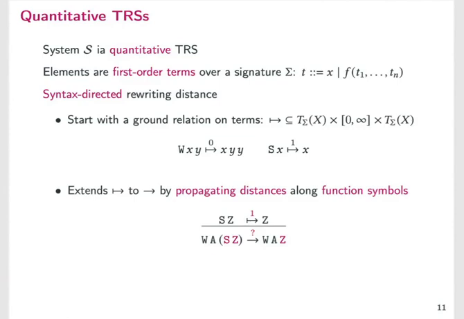And that essentially amounts, in the quantitative setting, to explaining how the distances produced by the ground relation propagate along function symbols and along other expressions. And once we have that, we can canonically extract an abstract system simply by taking the infimum of the quantitative reductions.